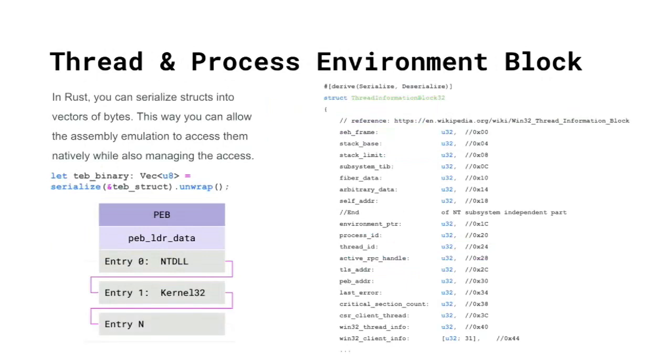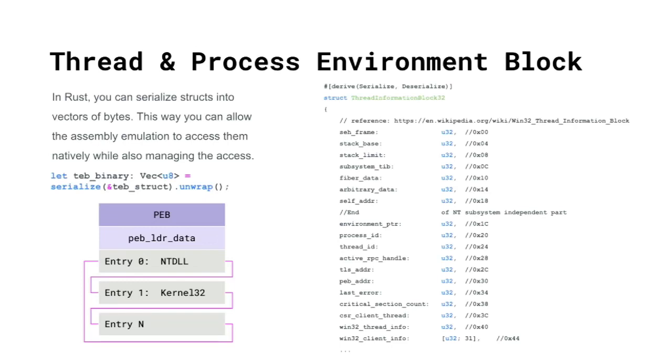The thread and process environment block. I just looked at Wikipedia to get the structs because they're all out there already. You really don't need the whole structs from Windows in order to get all the special stuff underneath. I left it in there in case you wanted to use it, but I don't recommend it because it takes a while to load. The nice thing about Rust is you can serialize structs into bytes.